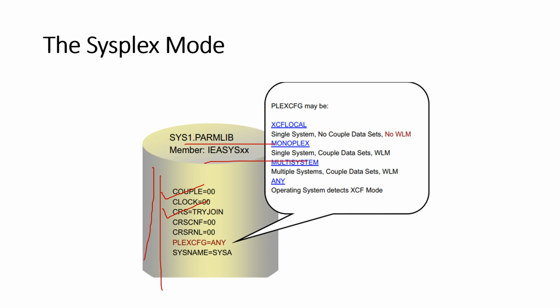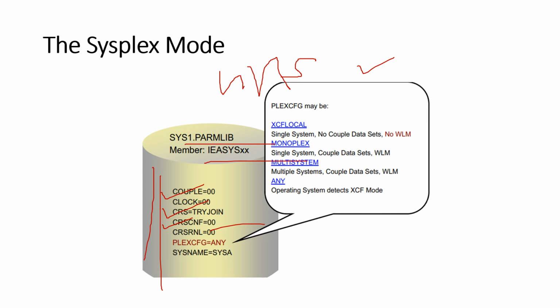Next is CON, with CONSOLxx is 00, and here one thing is GRS. GRS specifies whether multi-system global resource serialization functions are to be used or not, and it provides the configuration setting, with resource name lists telling GRS how to handle serialization and all.